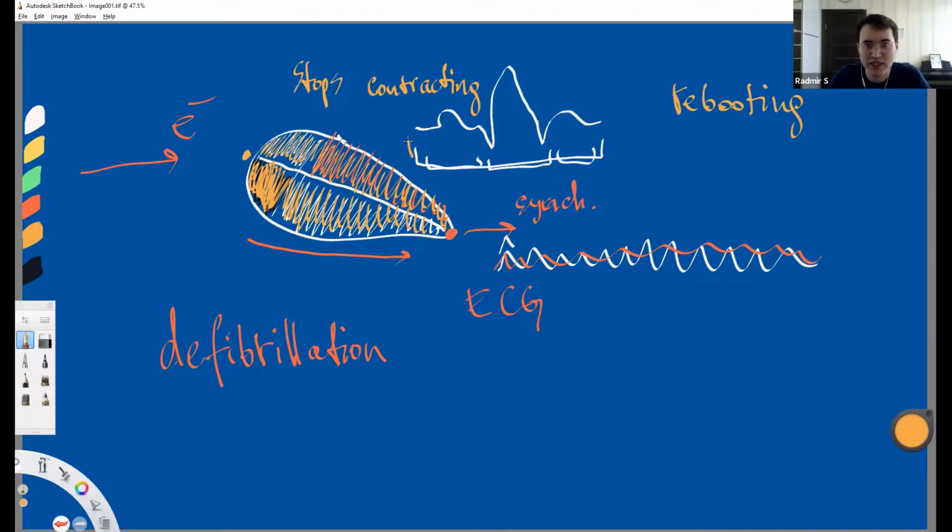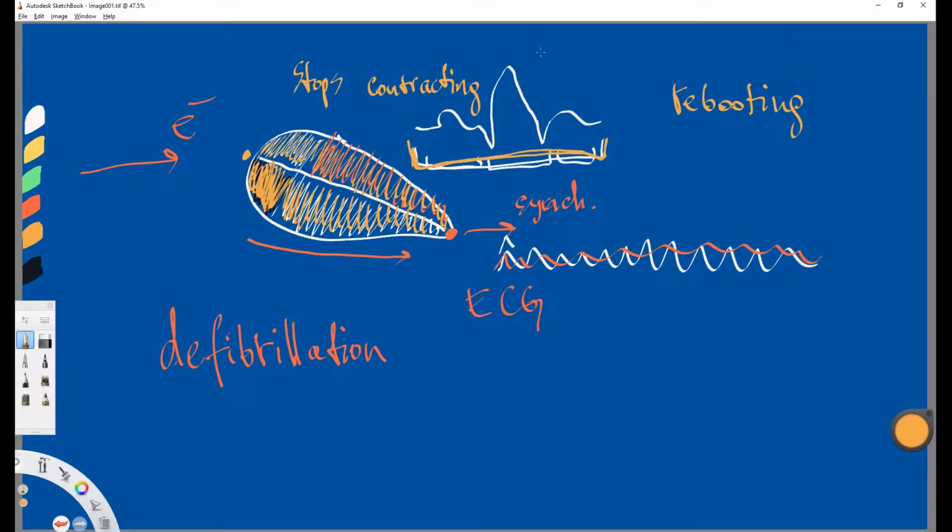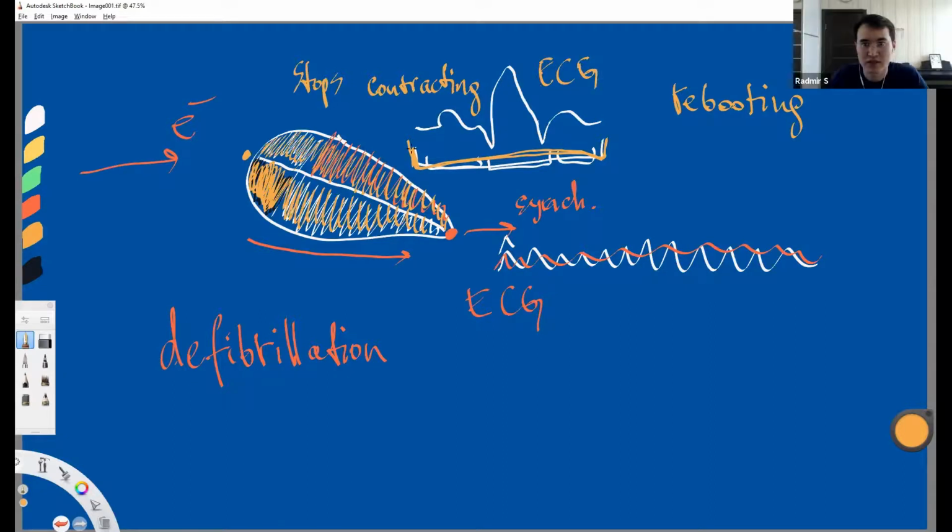And then we might have the usual picture or usual image on the ECG. So if we got the usual picture, we stop with the electricity, and we say that, okay, the fibrillation stopped, and we can continue with the usual treatment.